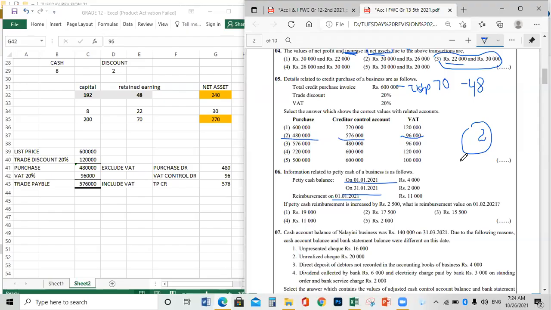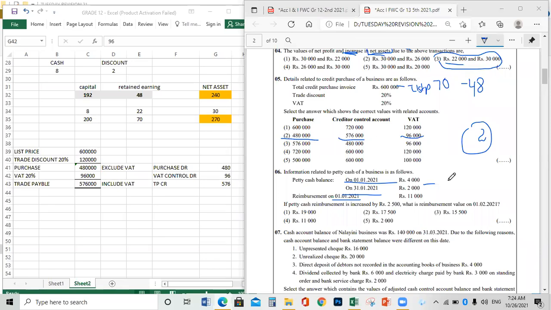Now guys, the opening petty cash is 4,000, closing petty cash is 2,000.